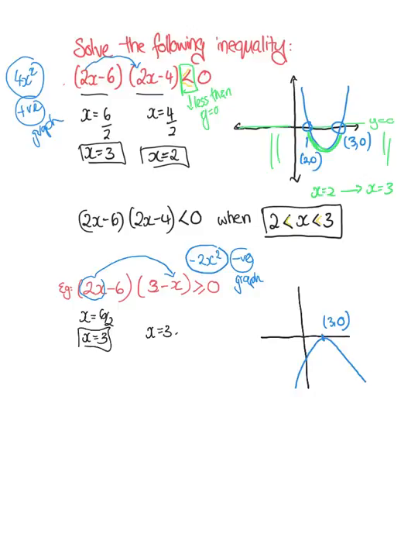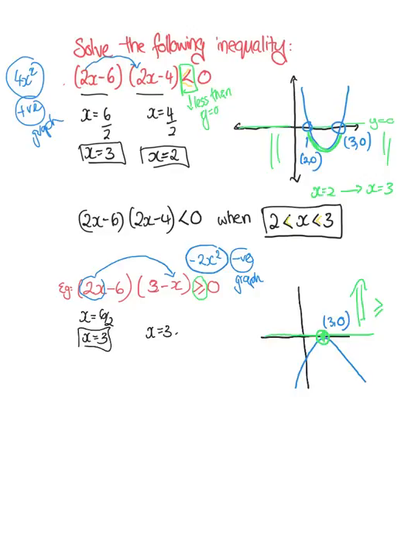For this one, it's asking when is the graph greater than or equal to 0? Really the only time that this graph touches is on that one point.